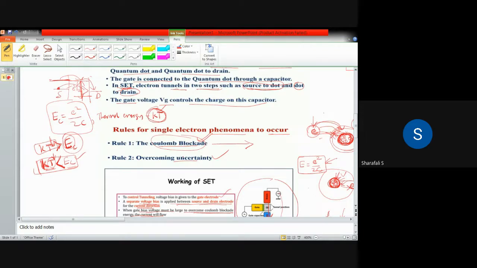And the second one is the uncertainty. We have to address that also. So what is the condition when you consider the uncertainty?